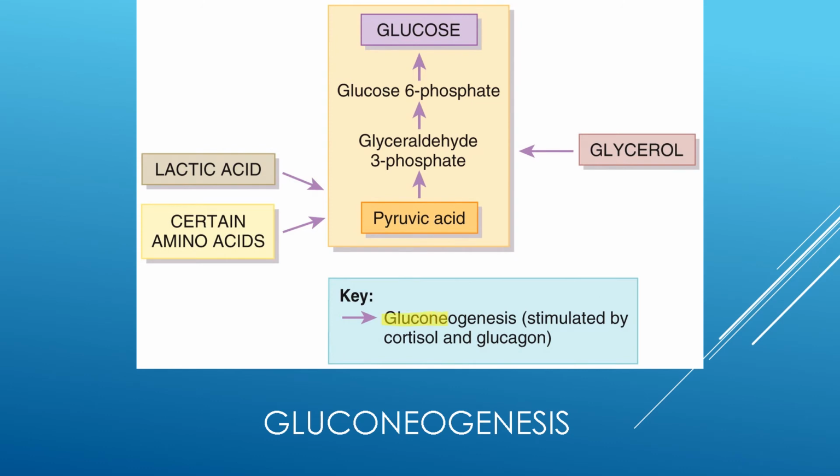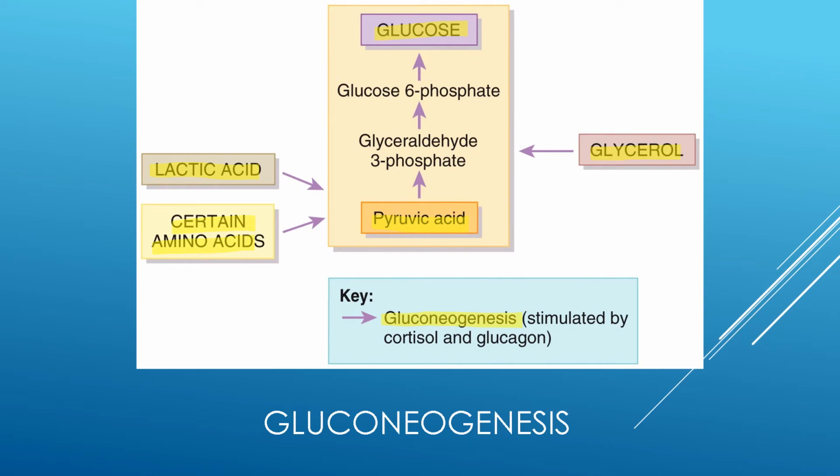So we have gluconeogenesis here in this diagram. As you can see, we have glycerol, lactic acid, and even some amino acids, and also pyruvic acid that can be converted to make glucose.